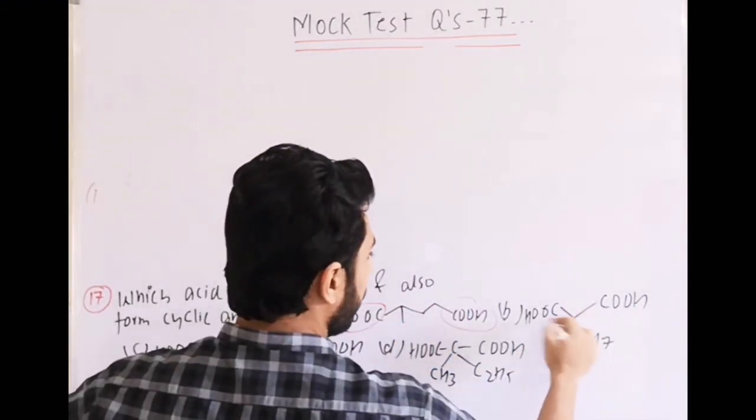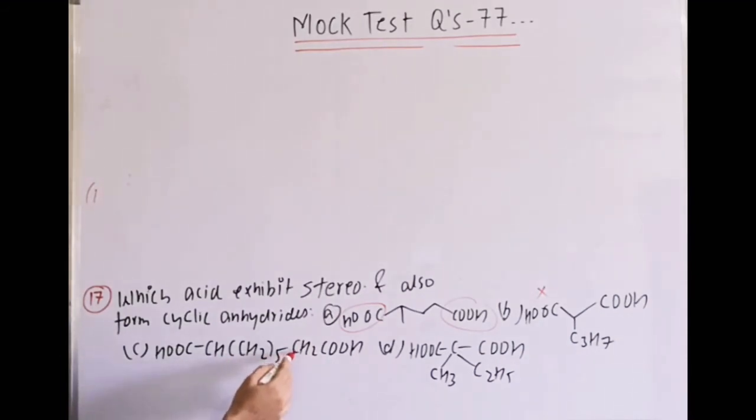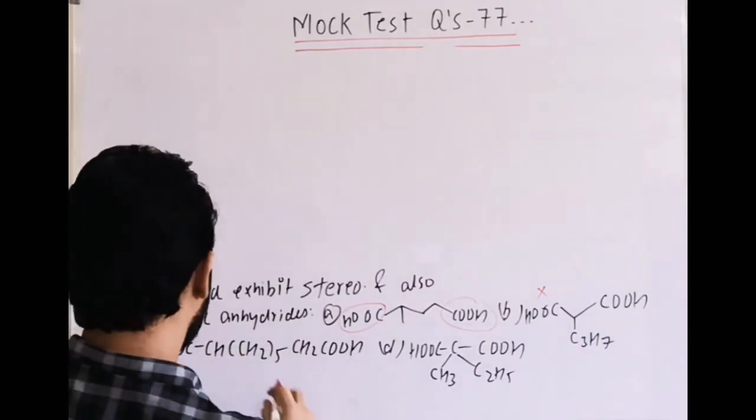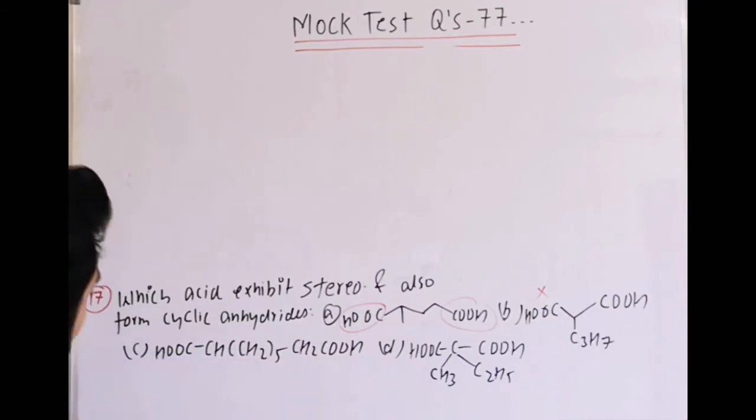Here the carboxylic groups are 1 apart, so we can eliminate this option. Then here this is CH2 and this has so many carbons, leave that one also. Actually it is CH2 5, I think it is CH.